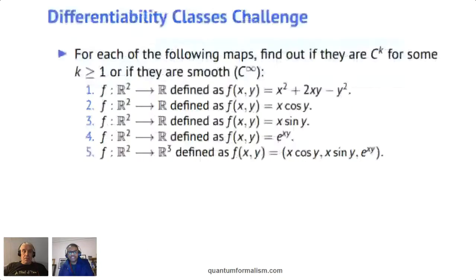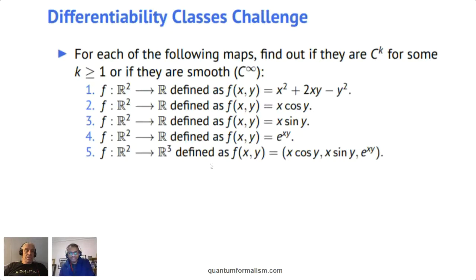So here's an exercise. I hope I got it right. For each of the following maps, you see, I'm not just working on abstract, I'm doing some concrete stuff. The challenge is for you to find out whether they are C^k maps for some k or not.